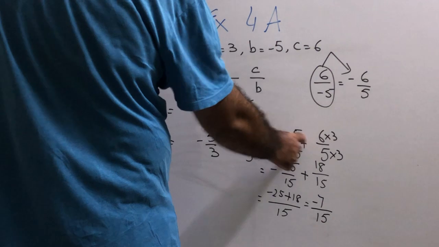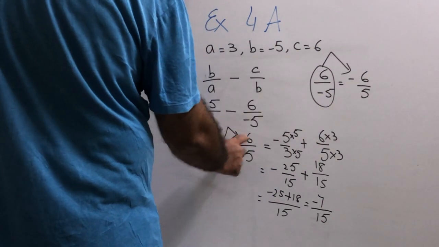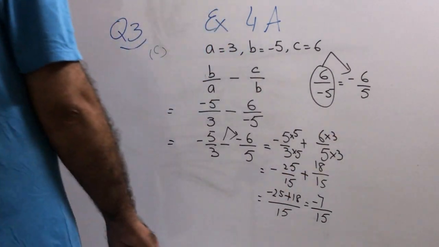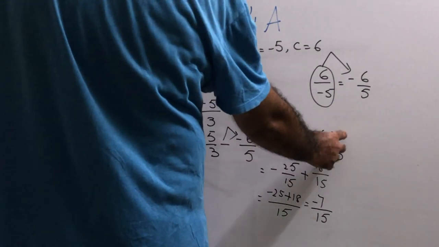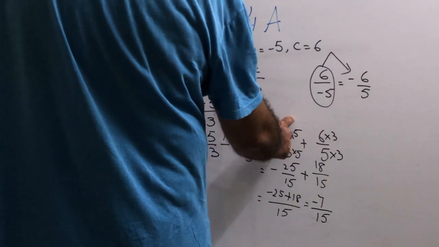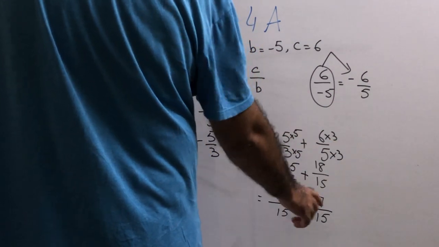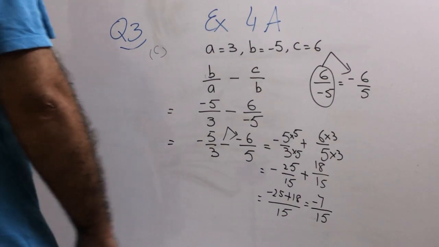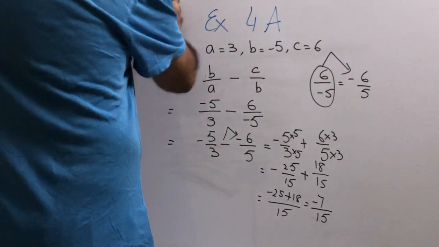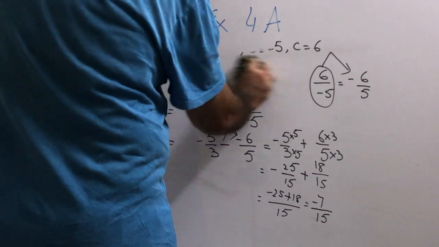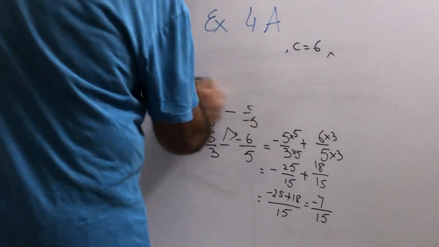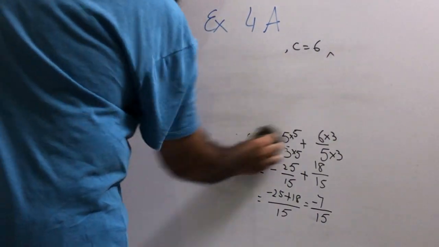So it becomes minus 5 over 3 plus 6 over 5. Then we equalized the denominators, multiplied numerator and denominator with 3 and here with 5, and we got this result, and we just simplified, and the answer is minus 7 over 15. This was part C.